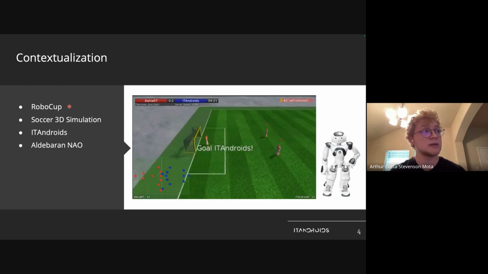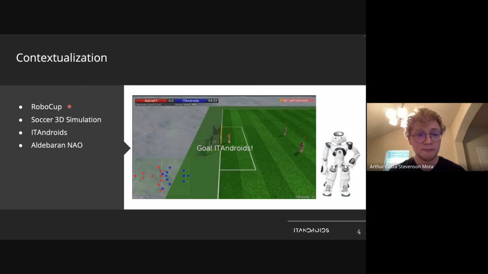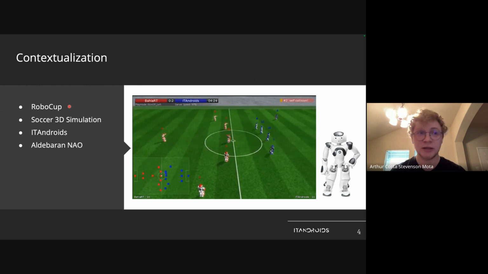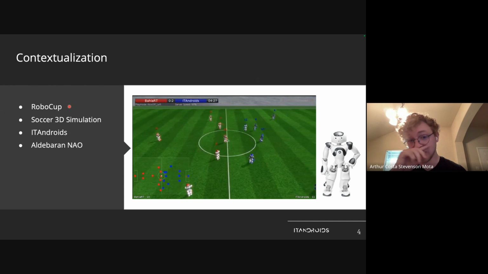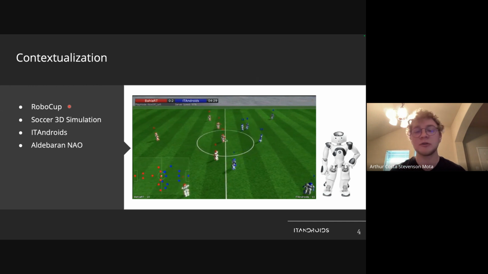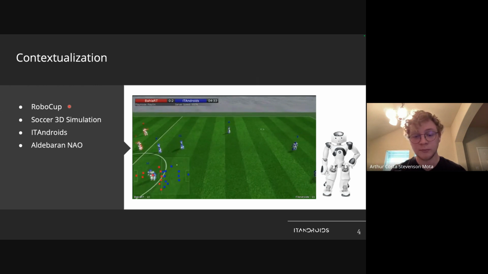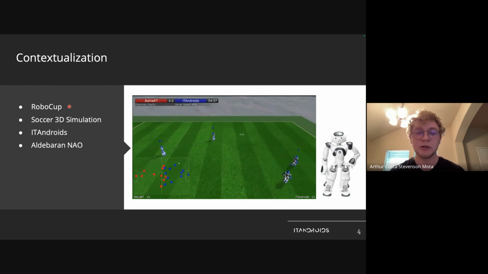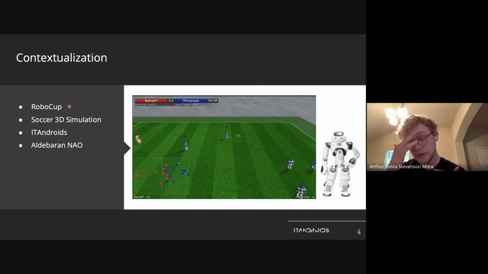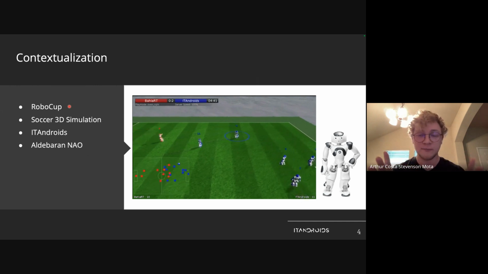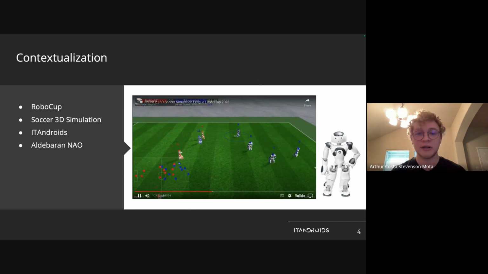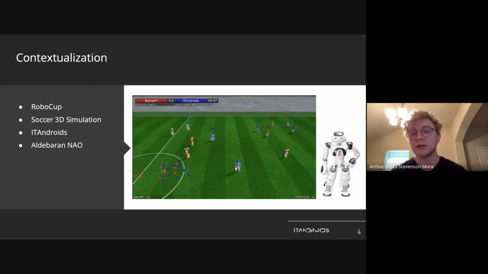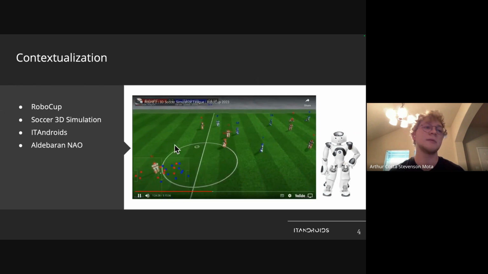The Soccer 3D team is one of the leagues in the RoboCup, and it is a very good platform for performing model predictive control, or in general control and reinforcement learning research, since it has completely simulated physics. So the robots are simulated as closely to the real world as possible. And the robot used in this league is the Aldebaran Nao, which you can see here on the right side and in the video.